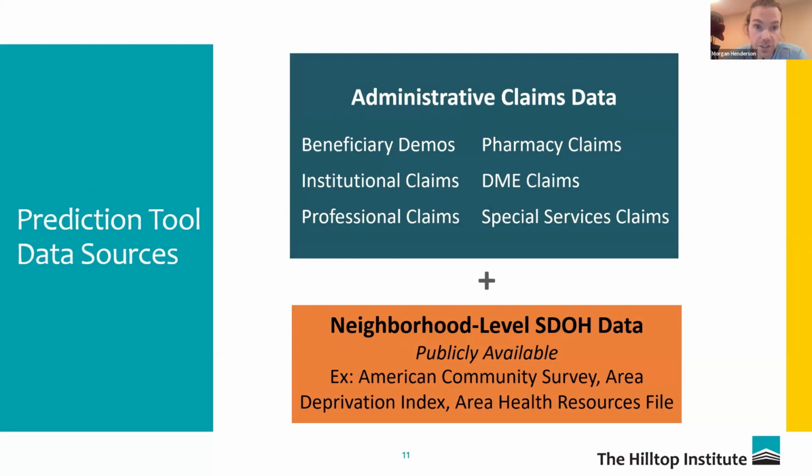And we also include a very rich library of publicly available environmental social determinants of health data, which we assemble from a variety of different sources. So think things like local poverty rates, or the fraction of individuals over age 65, things like that.